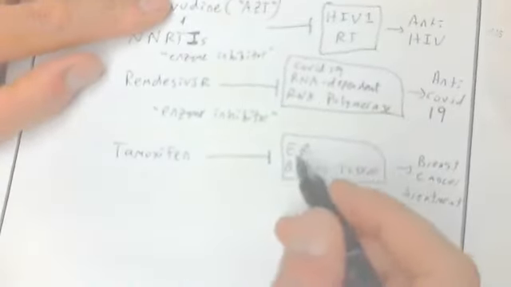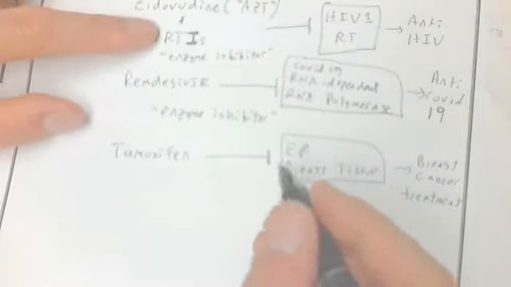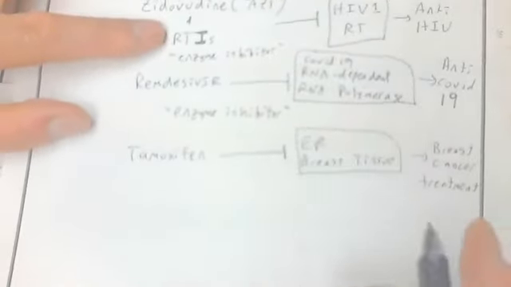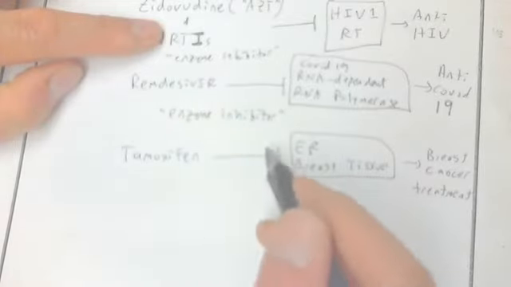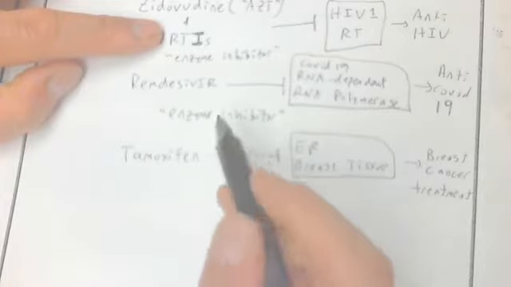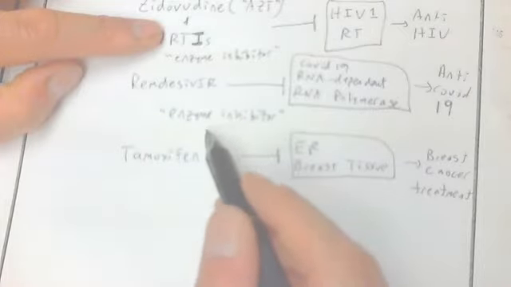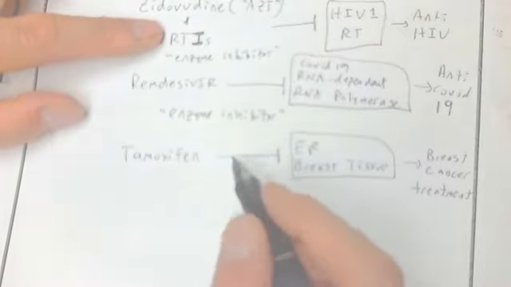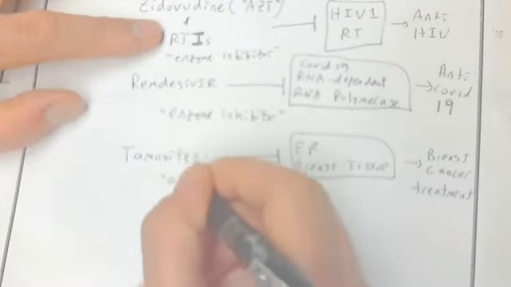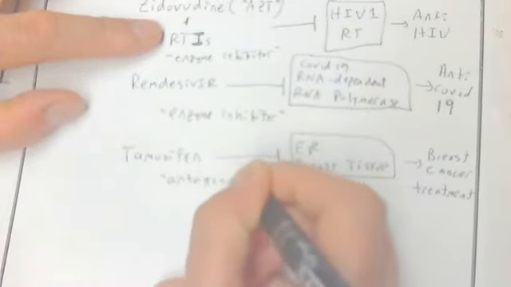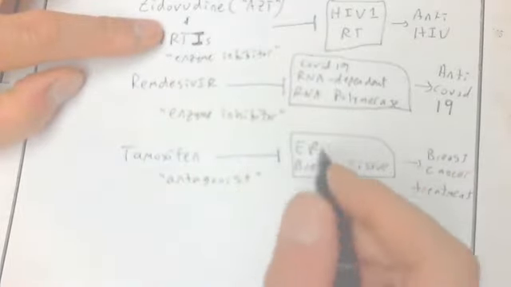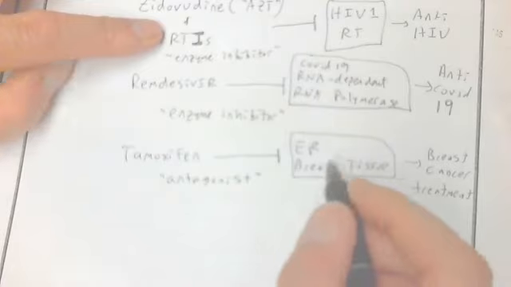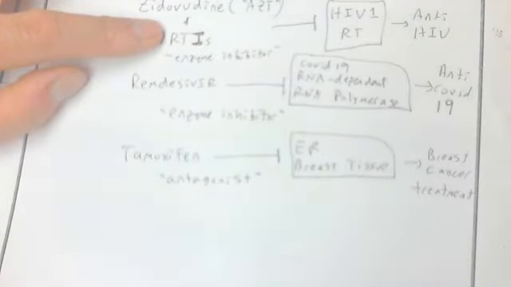And as we said, interestingly, tamoxifen, what's it called? If something inhibits a receptor, as opposed to inhibiting an enzyme, we call it an antagonist. So it binds to a receptor and causes a net negative downstream effect.